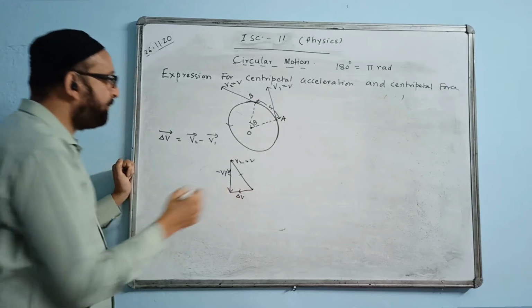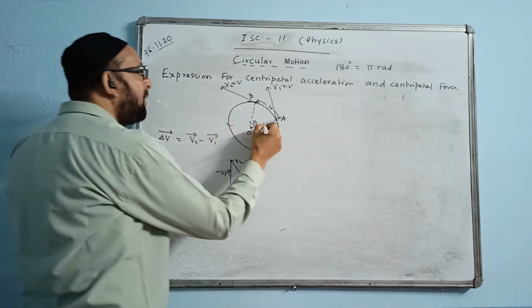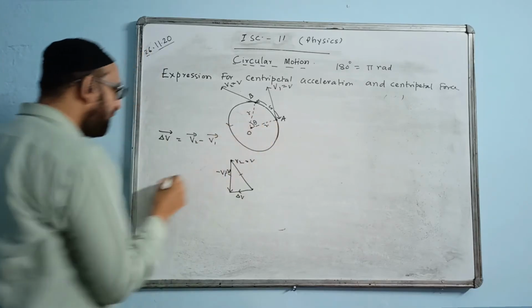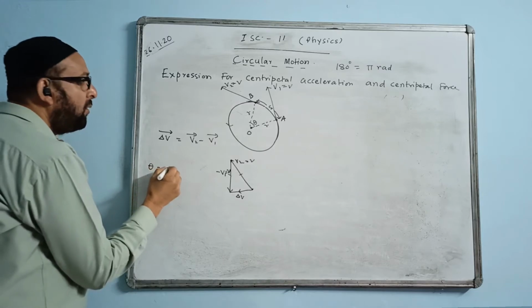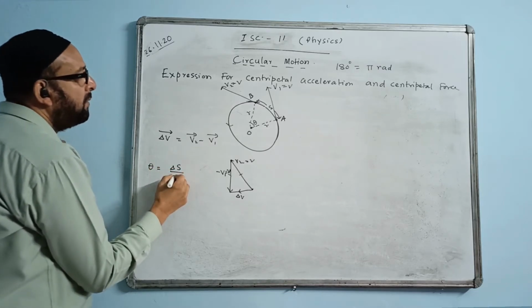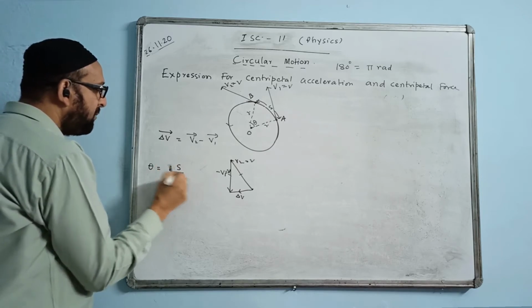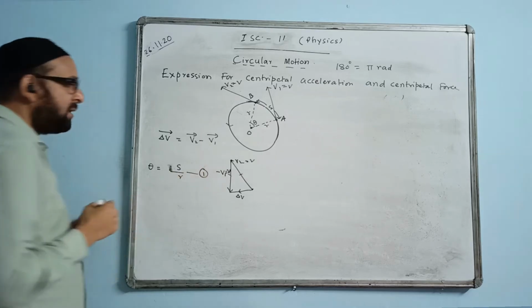The radius is R over here. So first we can write theta is equal to delta S by R, or let us say theta is equal to S by R. Mark this as equation 1.